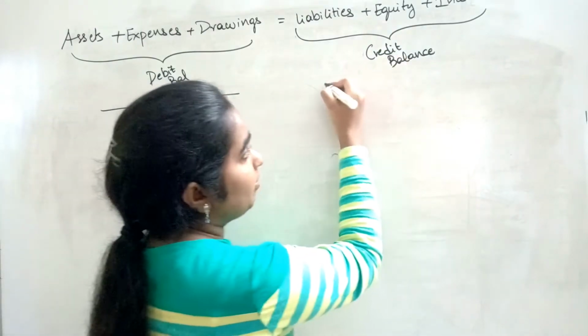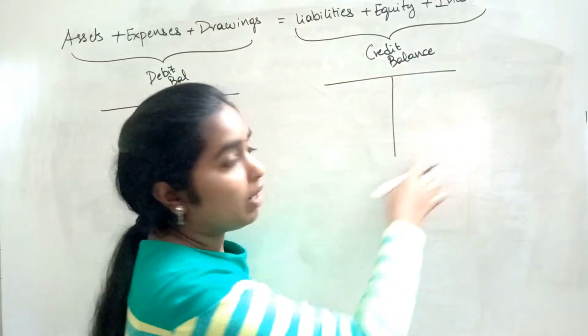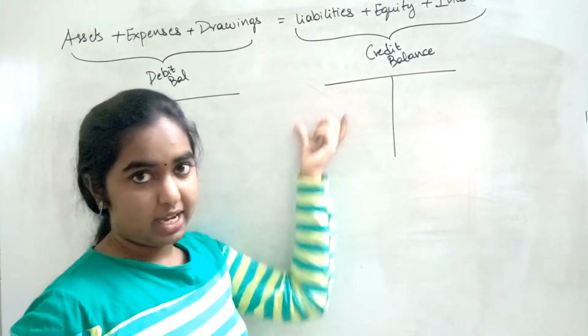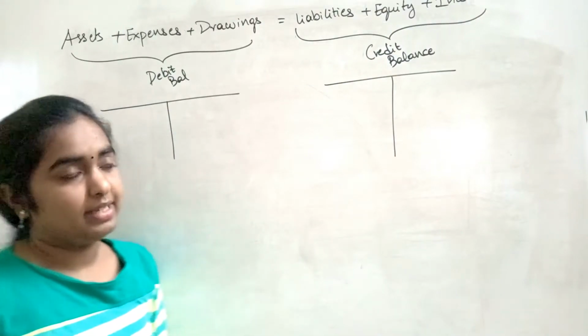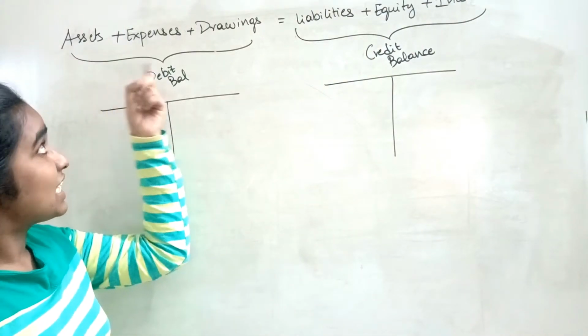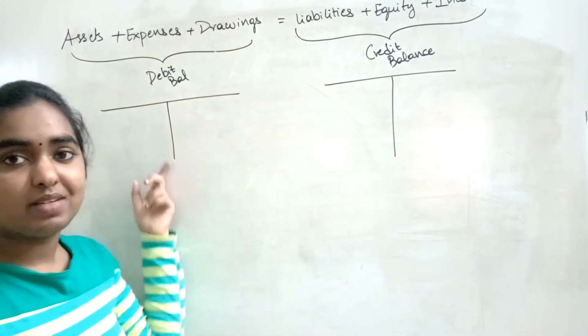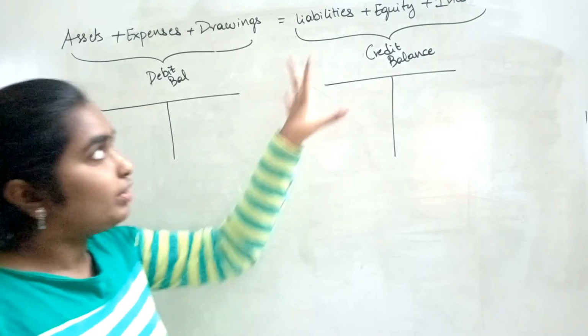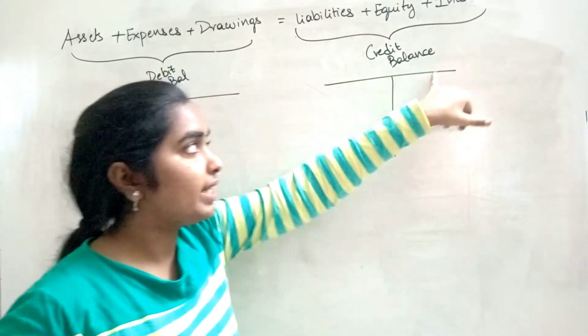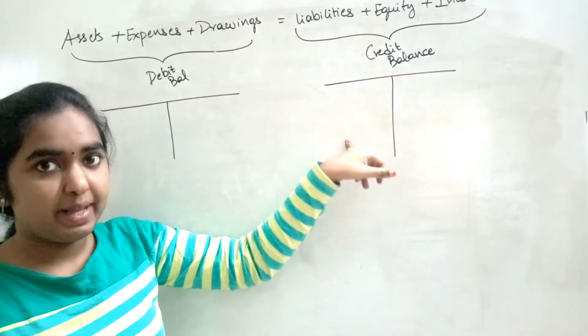And in a similar manner, if the credit side of a particular account is more than the debit side, then that is called as credit balance. So for these assets, expenses and drawings, always the debit side will be more than the credit side. And for the liabilities, equity and income, the credit side will be always more than the debit side.